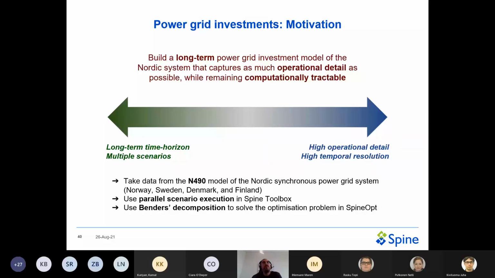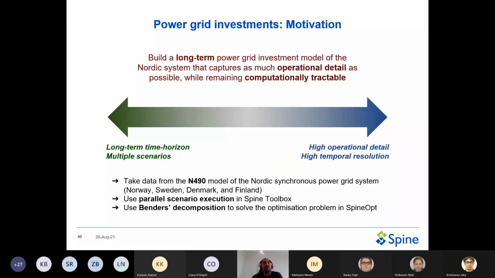What we want to do here is to build a long-term power grid investment model of the Nordic system, or of part of the Nordic system, if I can be honest. And we want to capture operational detail to the largest extent possible, while still being able to solve this in reasonable time. That's basically our setup.